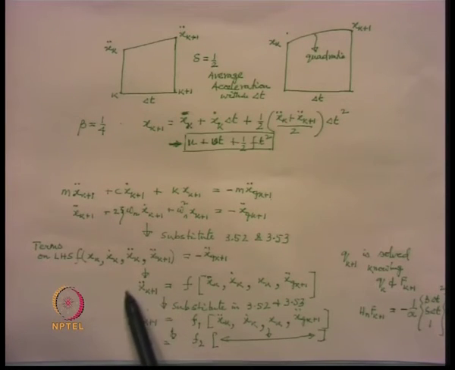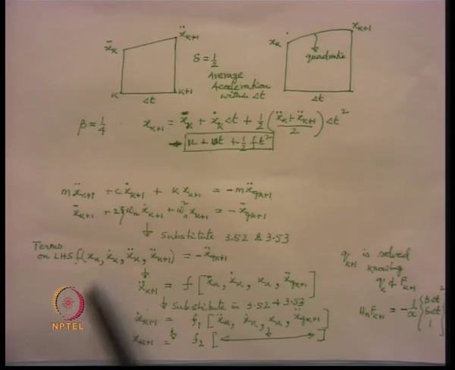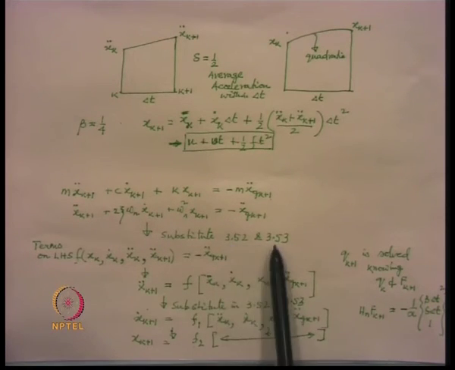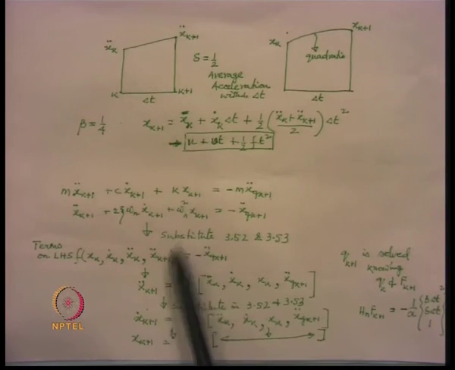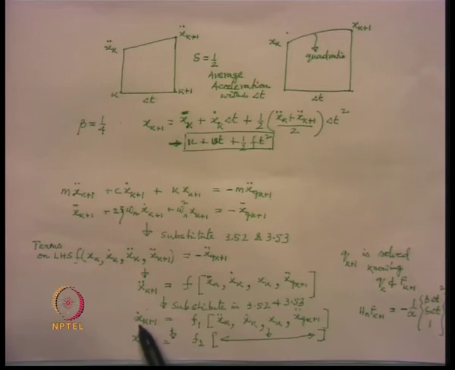And once we get the value of x double dot k plus 1, this can be substituted into equations 3.52 and 3.53 that I have shown, the two cardinal equations. If you substitute for x double dot k plus 1, then you get the values of x dot k plus 1 and x k plus 1.